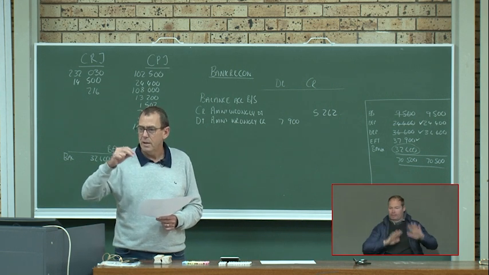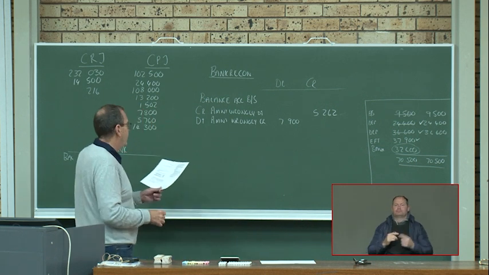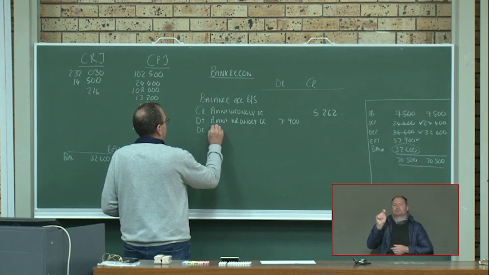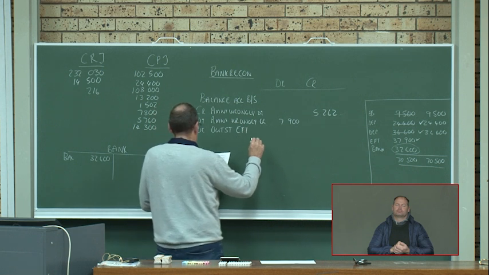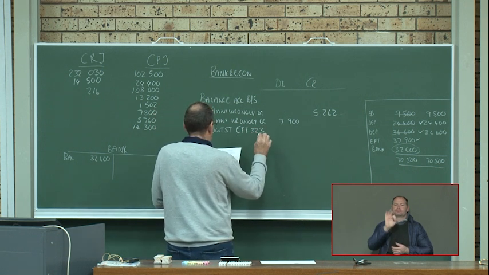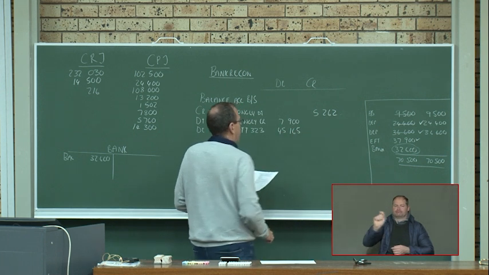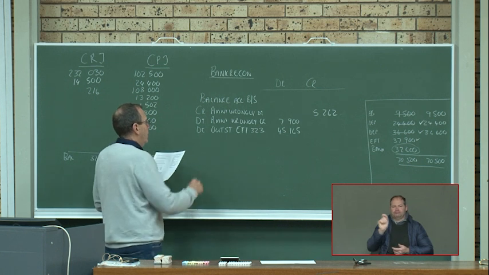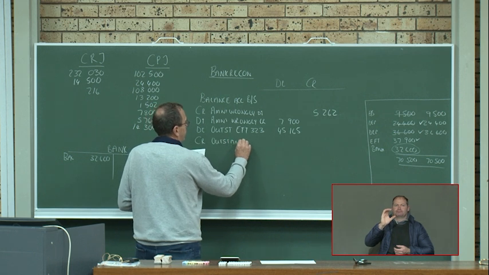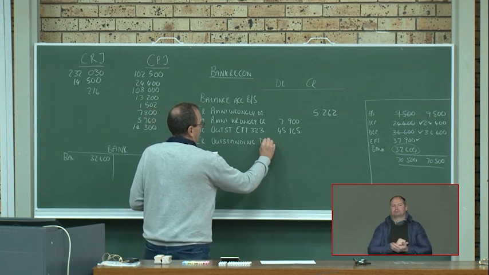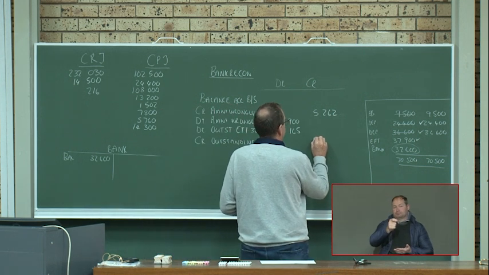If you are used to writing credit, outstanding deposit, debit, outstanding EFT, you can't get confused. So the EFT will be a debit: debit, outstanding EFT number 323, and that will be 45,165. And credit the outstanding deposit of 27,660.